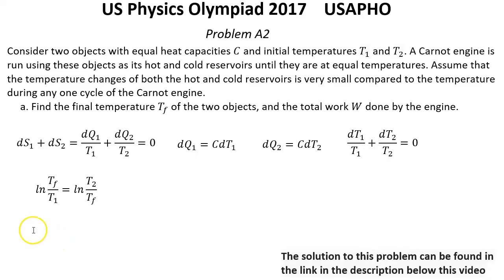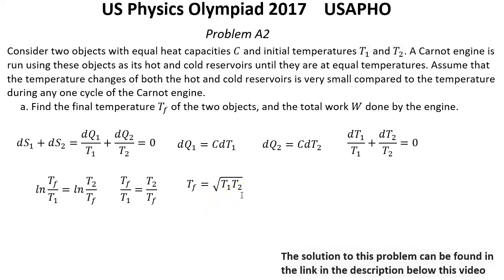After integration we have this equation. It means that T final over T1 equals T2 over T final, and finally we have Tf equal to the square root of T1 multiplied by T2.